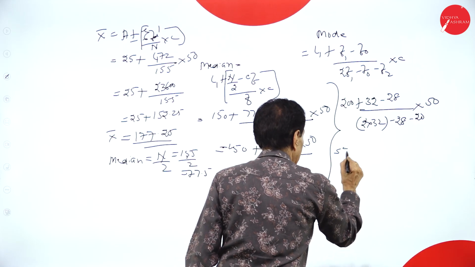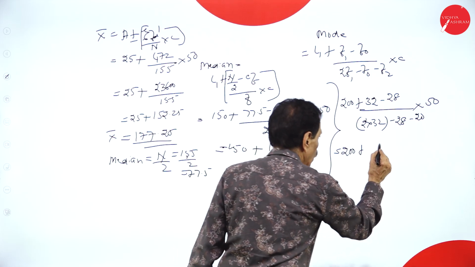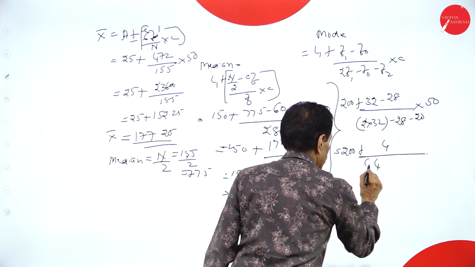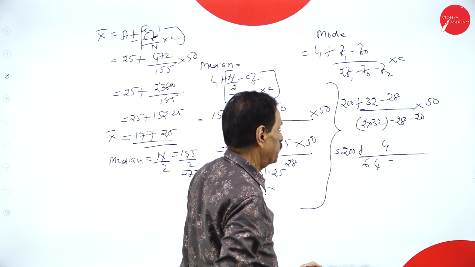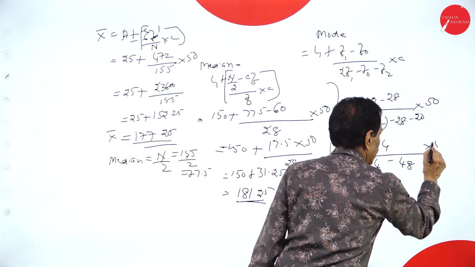This is 200. 32 minus 28 is 4. 64. 28 plus 20, 48, into 50.